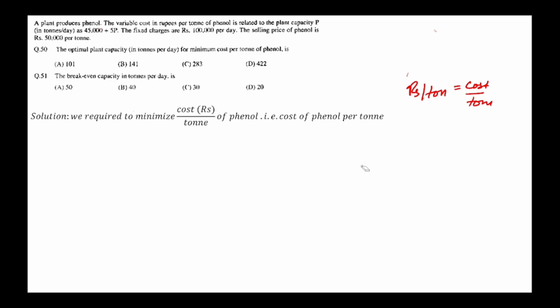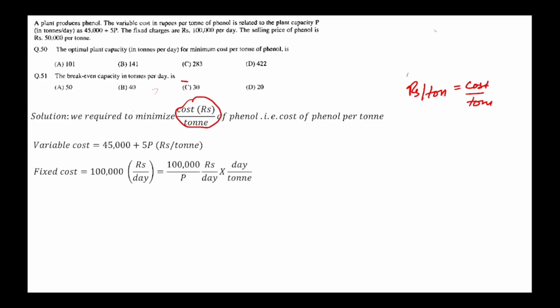Now, we require to minimize the cost per ton. Variable cost is in rupees per ton, fixed cost was in rupees per day. So we have to minimize the rupees per ton. So variable cost is already in rupees per ton, so don't touch it.